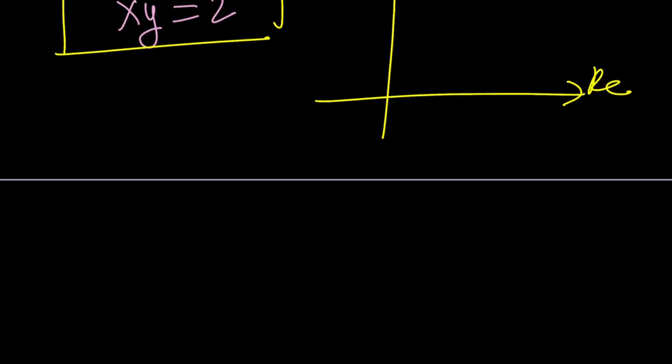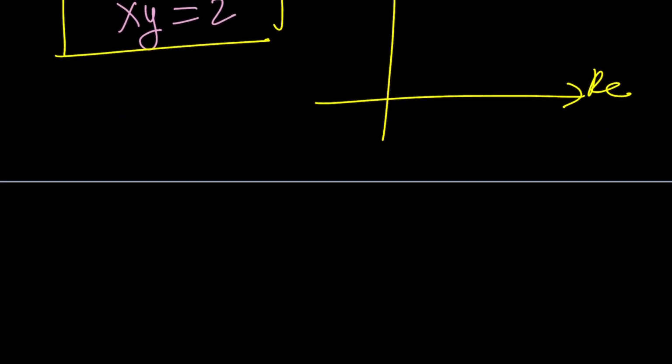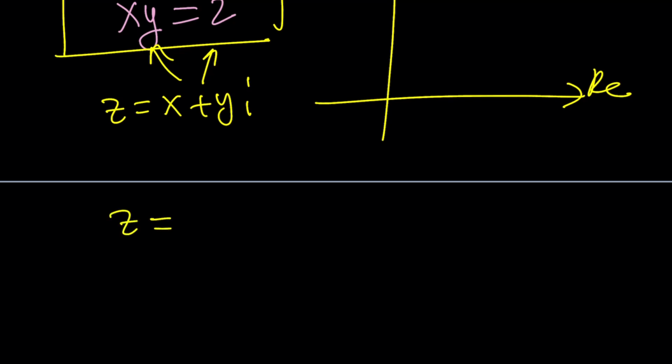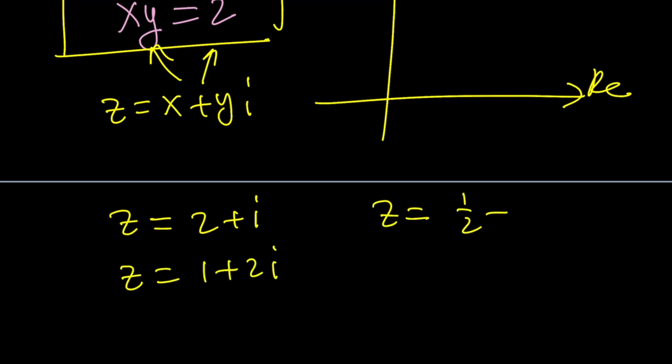What does this mean? It means that when I have a complex number like x plus yi, its real and imaginary parts satisfy this type of equation, right? So pick any two values like x and y values such that their product is 2. For example, z can be 2 plus i, z can be 1 plus 2i, z can be 1/2 plus 4i, 1/2 minus 4i.